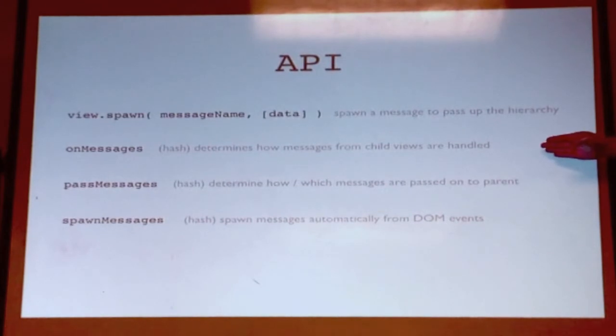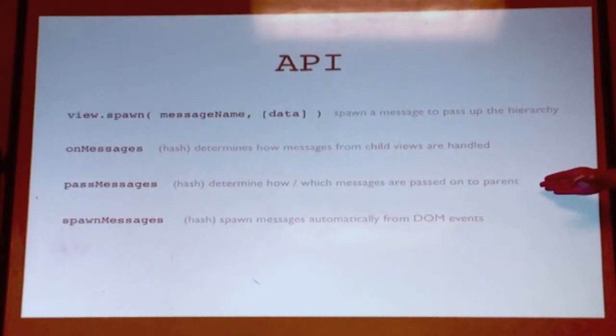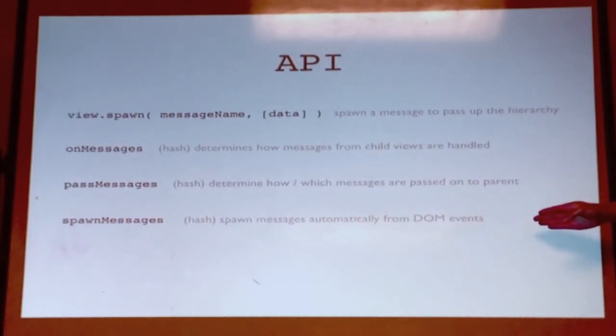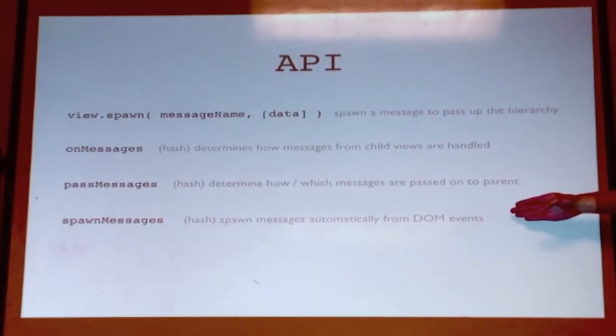You have an on messages hash that you can use to respond to the messages that you get from your children. You have a pass messages hash that you can use to keep on passing them further up the hierarchy. And you have a spawn messages hash, which is kind of like the convenience hash that you can just spawn messages from DOM events very easily. So, a field value has changed or something, and you want to percolate that up a bit.